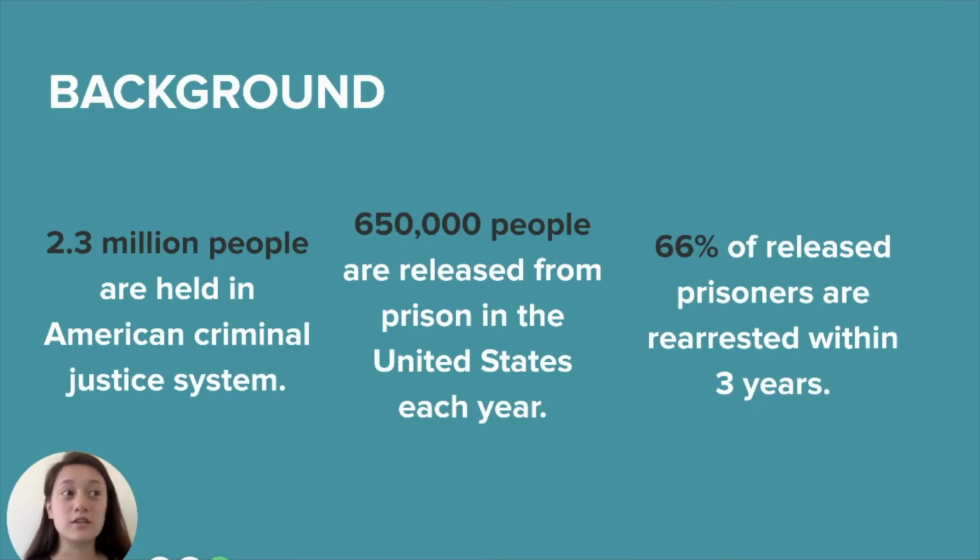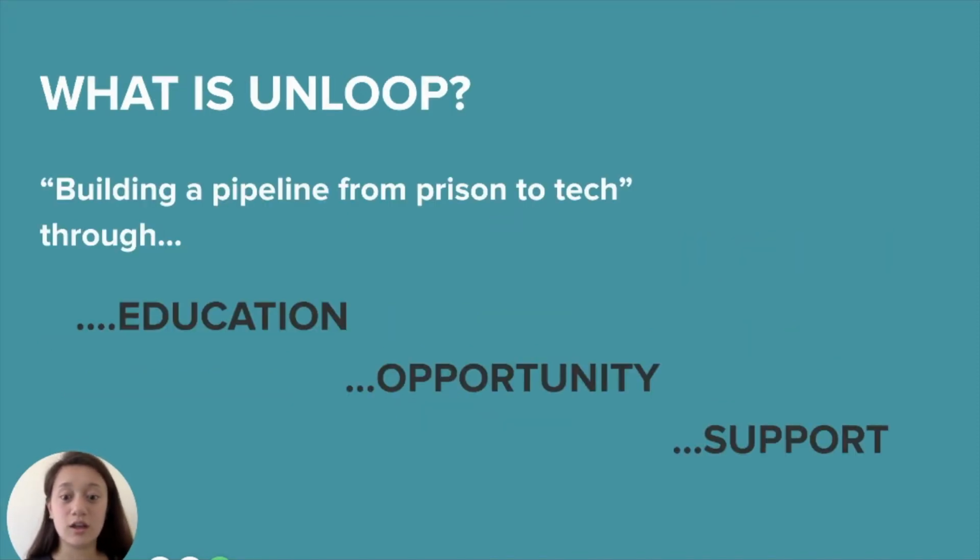So the solution to this problem that Unloop has come up with is finding these people steady careers in computer science through education and through providing them different career opportunities and supporting them as they try and kind of re-enter the world and enter a career in computer science.